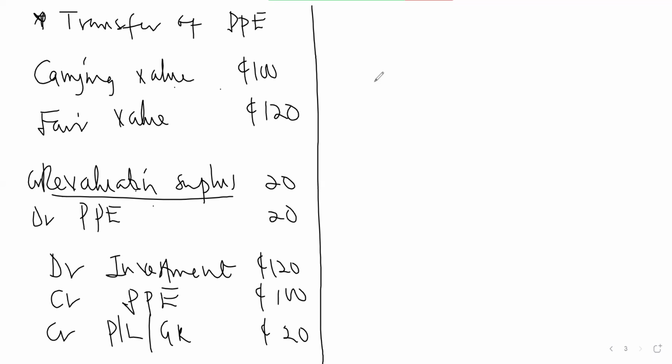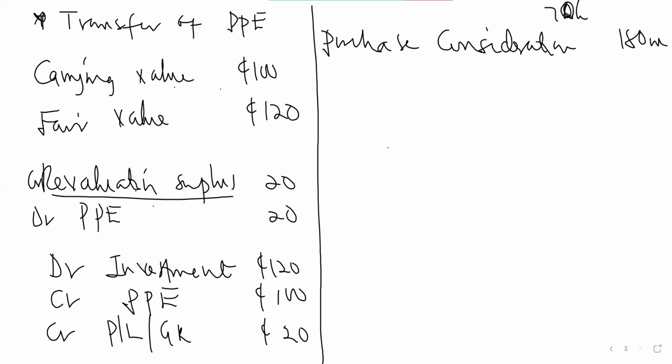All right, if you have paid for the shares, you ask yourself: what portion of the asset are you buying, and you are paying this amount for? So if the purchase consideration was 180 million and you are buying only 70%, the question will tell you this in so many ways.